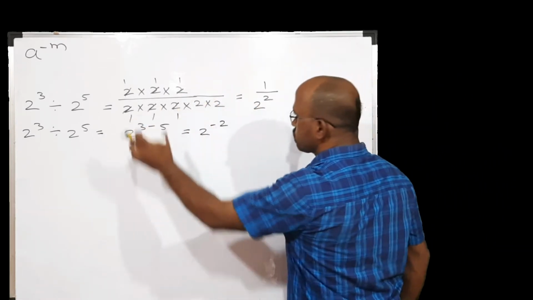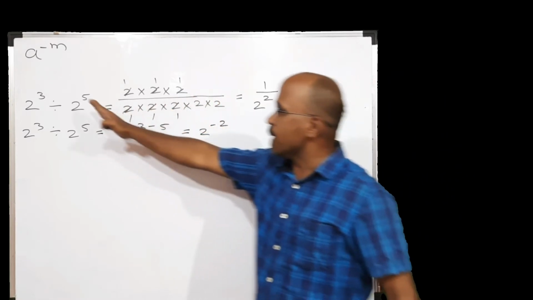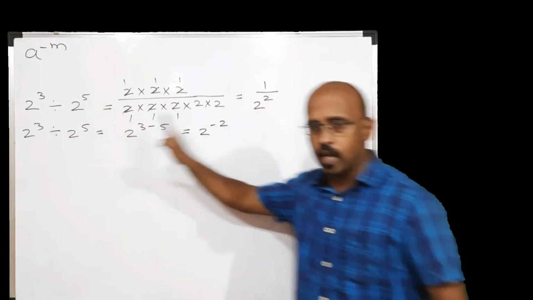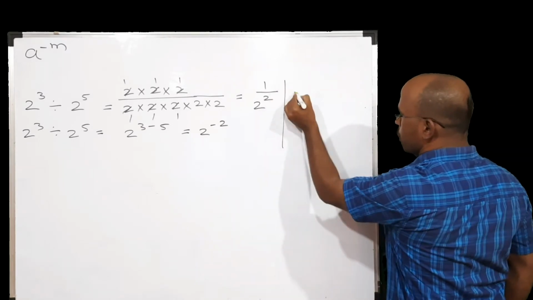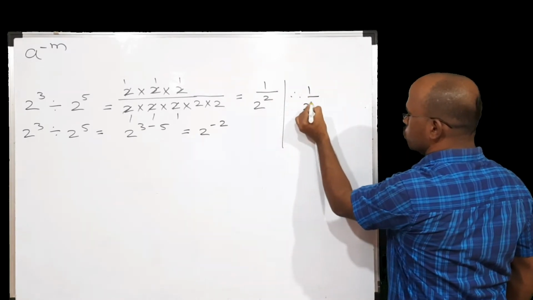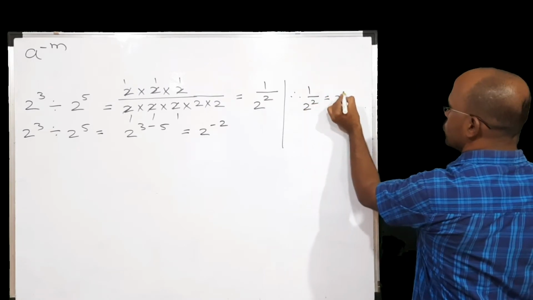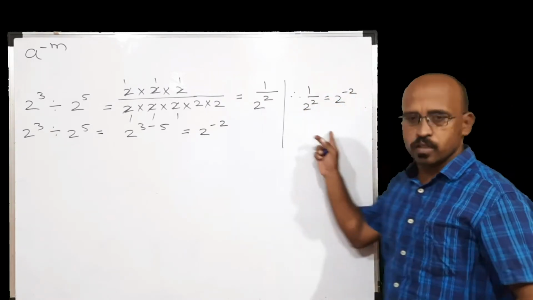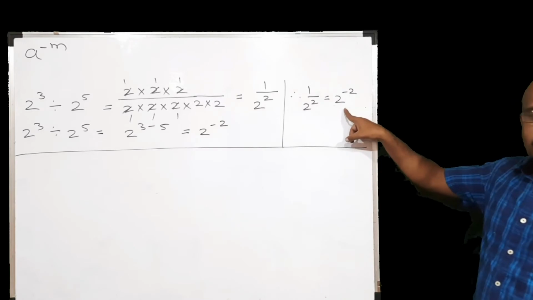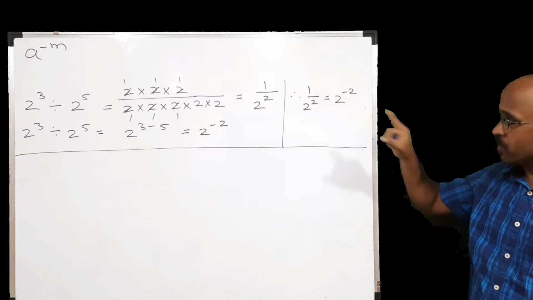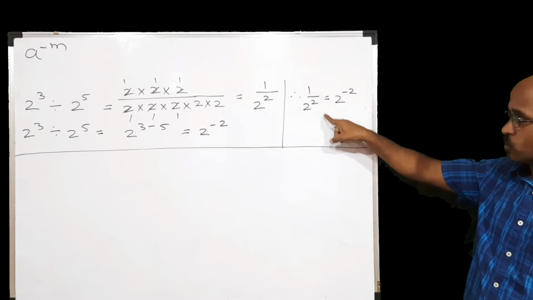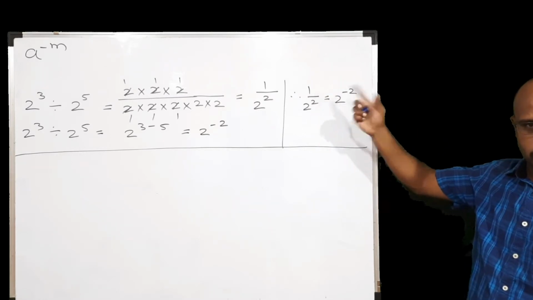So the left hand side and right hand side of this equation are the same. Therefore, you can say 1 upon 2 raised to 2 is equal to 2 raised to minus 2. Clear, friends? So can we say that 2 raised to minus 2 is equal to 1 upon 2 raised to 2? If the index is negative, its answer is equal to 1 upon the positive index.